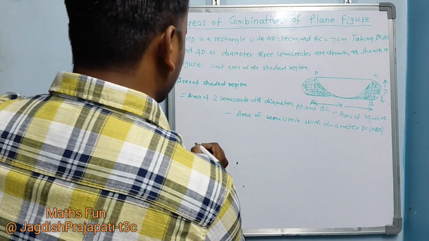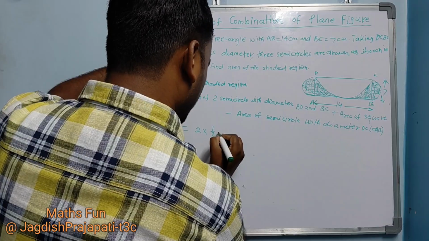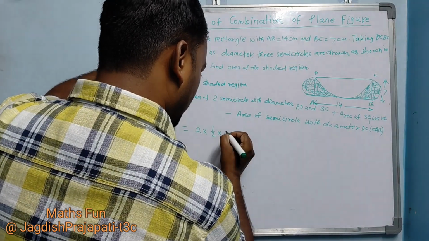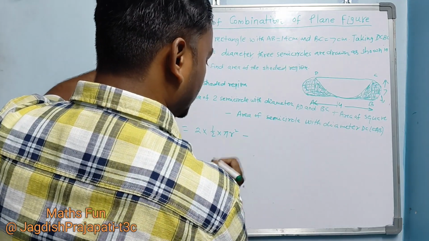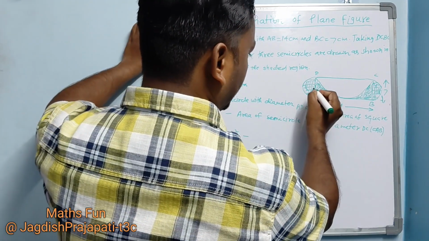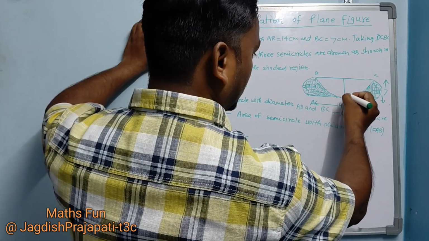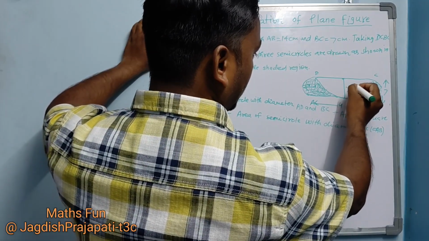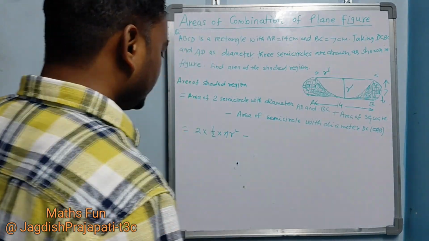So area of two semicircles: 2 into 1 by 2 pi r square, where r is the small radius, and this is r dash for the big semicircle.